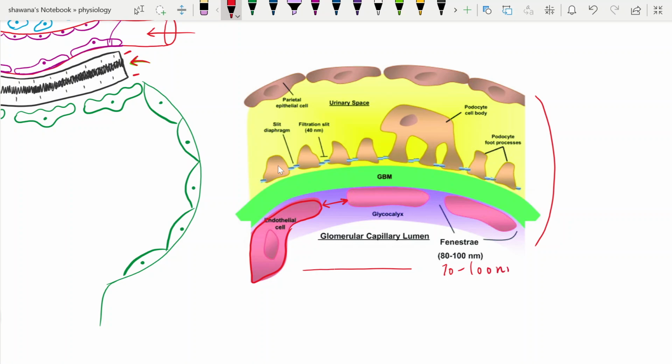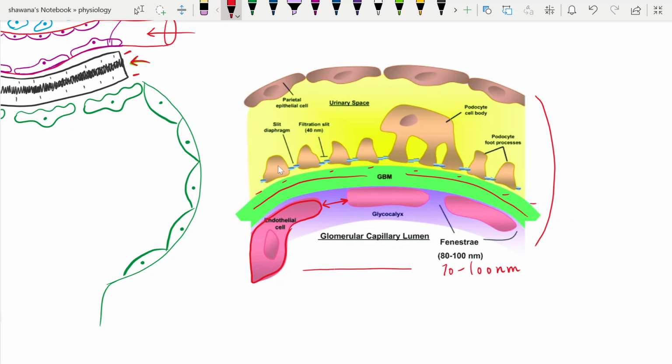They have space, and anything between 70 to 100 nanometers can easily be filtered. After that, this is the glomerular basement membrane. It has fibronectin, laminin, and other polyanionic molecules that impart negative charge to this membrane in order to repel the plasma proteins and many other essential proteins which are present in our blood.